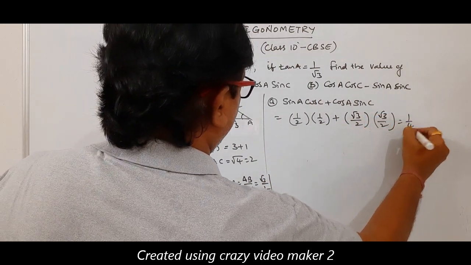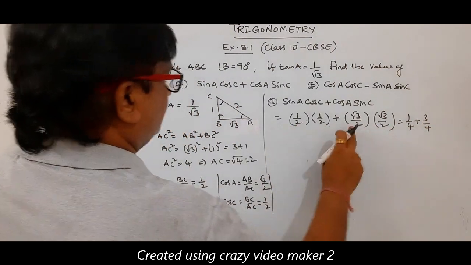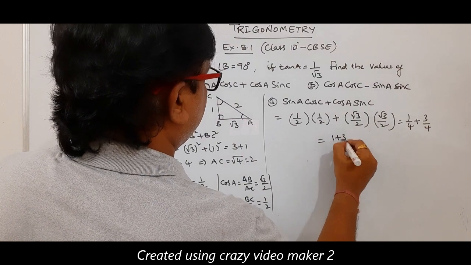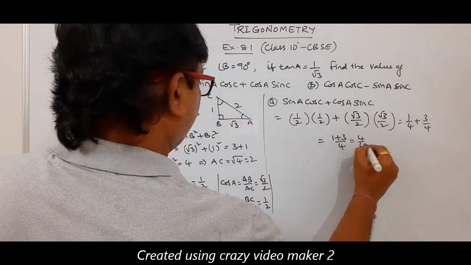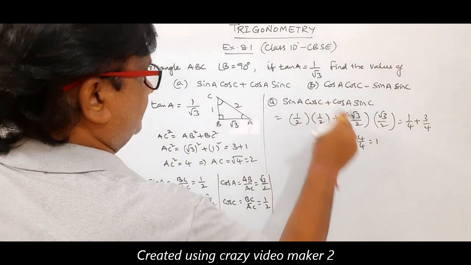So 1 by 4 plus 3 by 4. 1 by 2 into 1 by 2 is 1 by 4, root 3 into root 3 is 3, and 2 twos are 4. So 1 plus 3 by 4, that is 4 by 4, that is 1. So this value is 1.